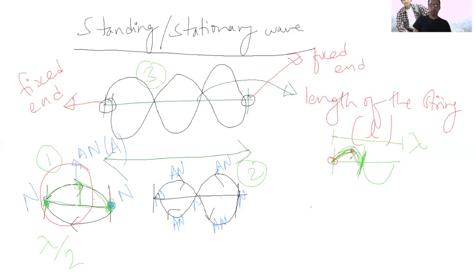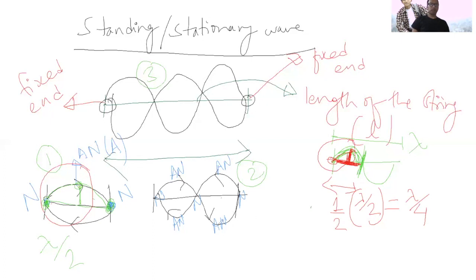So I'm only taking this part, right? So how much is the distance between the node and the antinode? If I look at the distance in terms of wavelength, I know this is lambda by 2, right? Then this part is half of lambda by 2. So the overall value will be lambda over 4.